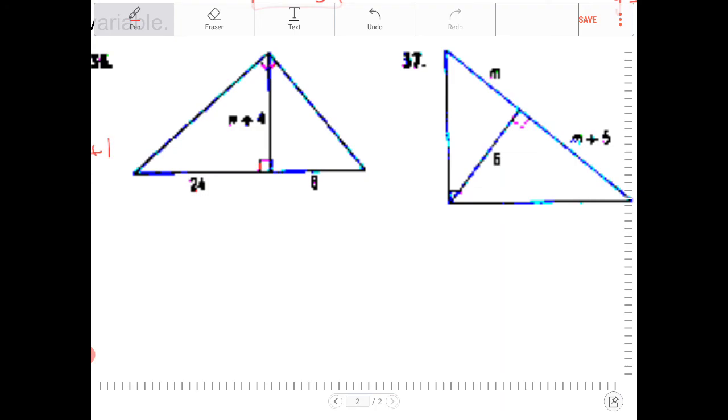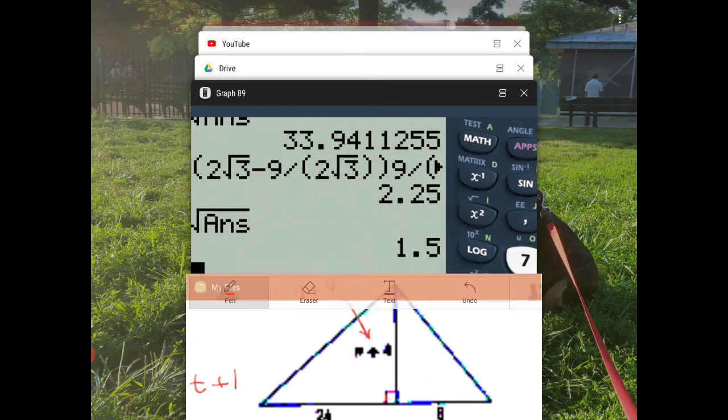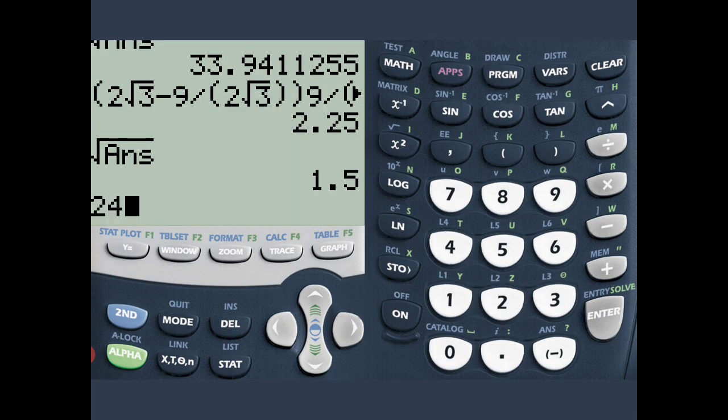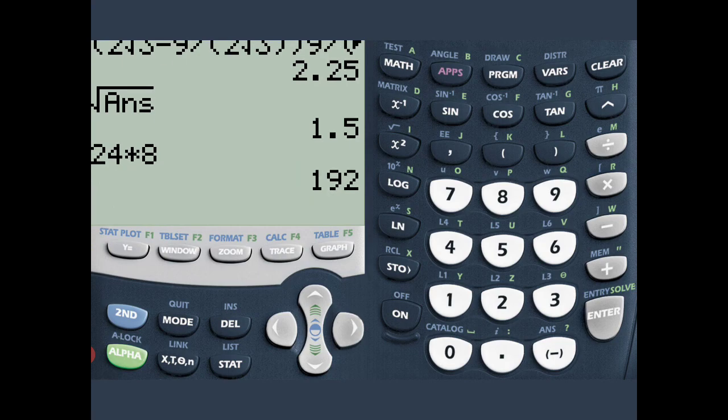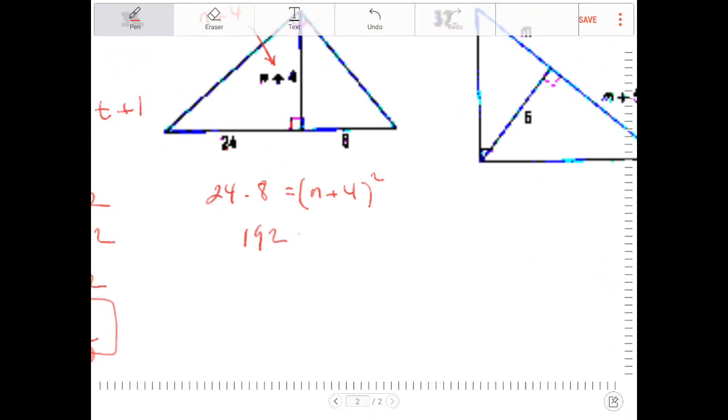Okay, next, sorry again, this is really grainy. I'm guessing this is n plus 4. So 24 times 8 is equal to n plus 4 squared. So if that's the case, what's 24 times 8? 192. 192 is equal to n plus 4 squared.